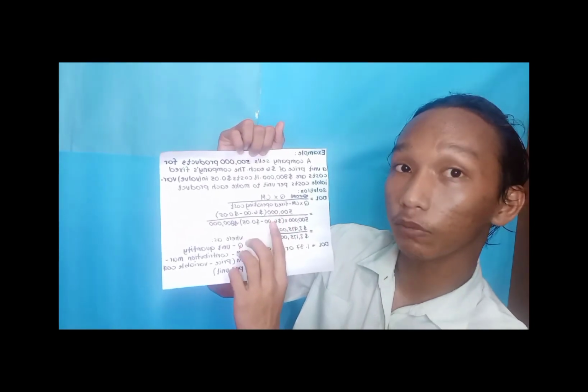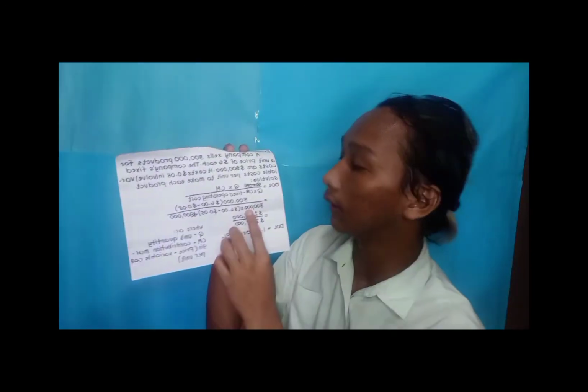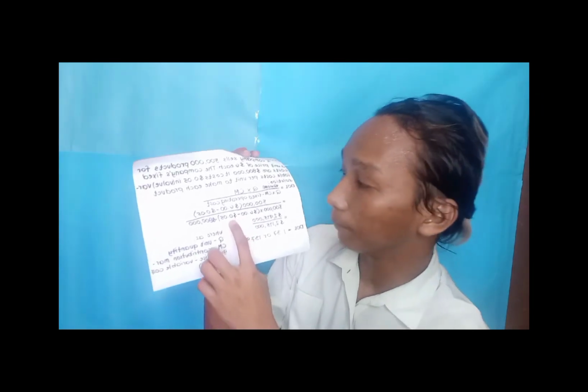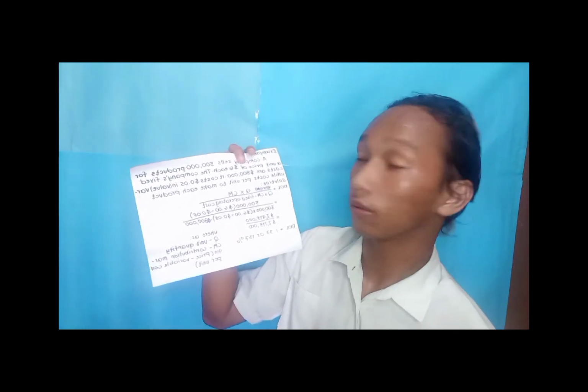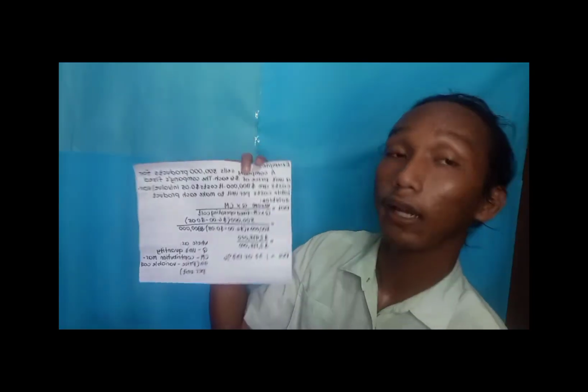So you multiply the unit quantity, which is 500,000, by the contribution margin, which is the price minus the variable cost per unit. The price is $6, minus the variable cost per unit of 0.05. Then you subtract the fixed cost of $800,000.